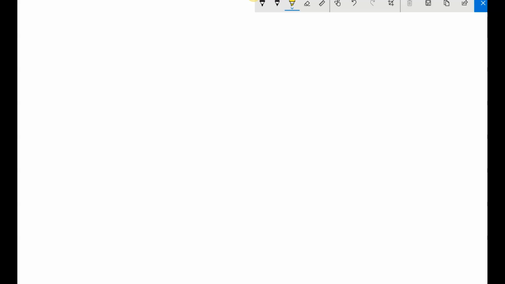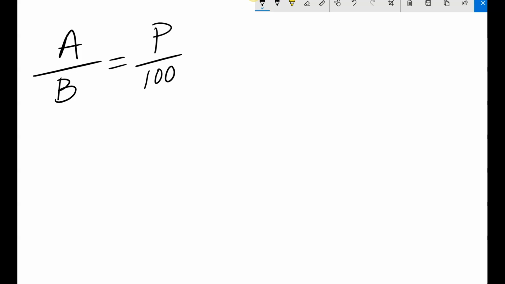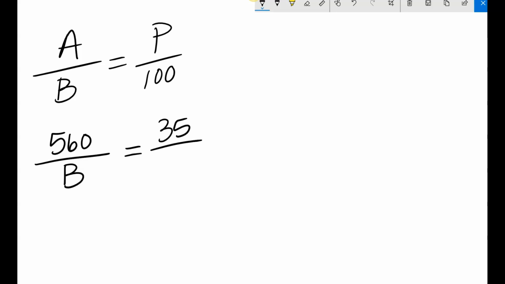All right, so when we do our proportion method, it's the amount over the base is equal to the percentage over 100. So we determined that the amount was $560. We were looking for the base, but we knew that her $560 was 35% of what she had in the bank.